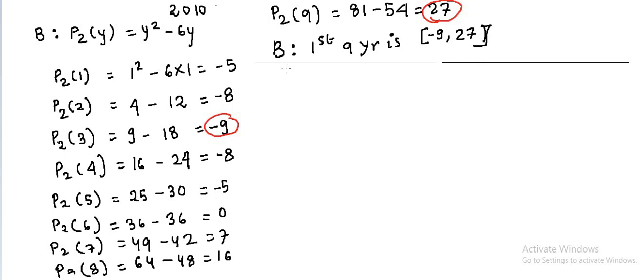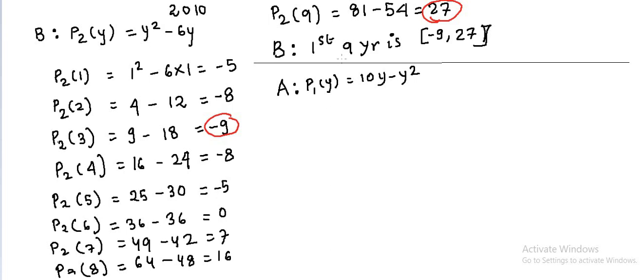The equation for A has been given to us as P1(y) = 10y − y². The approach is the same. Start putting the values from y = 1 to 10 and check out the range. I've already calculated the values, so I won't waste time on the calculation. You can also verify by yourself.